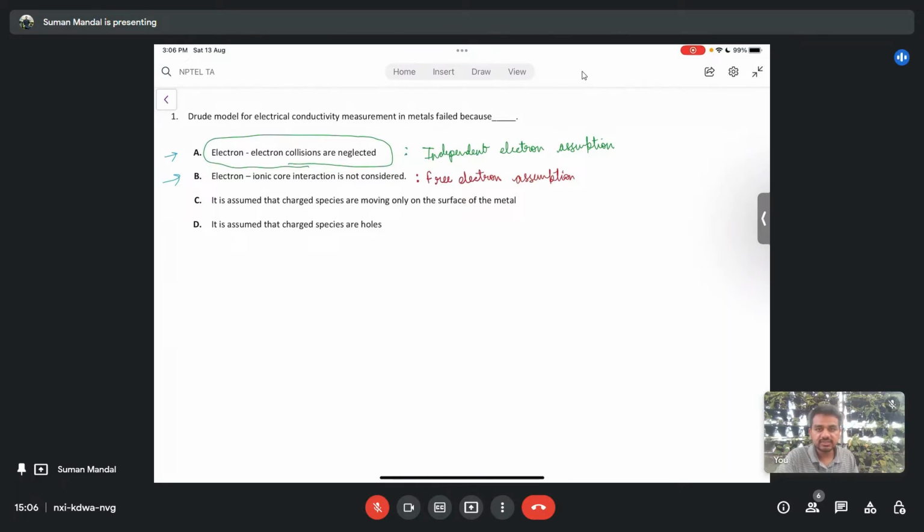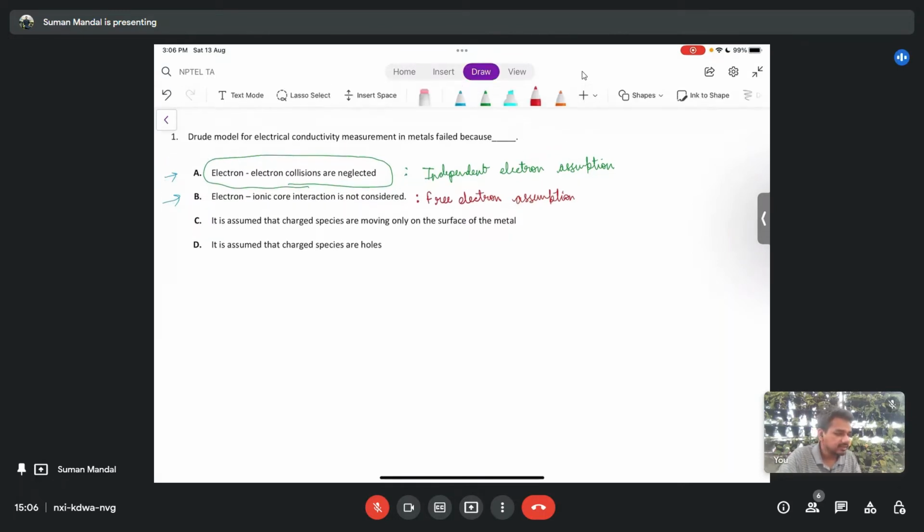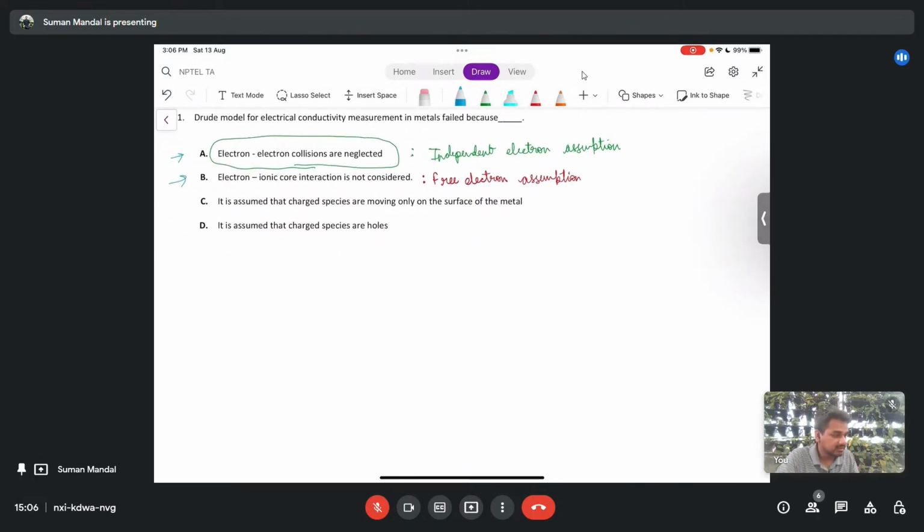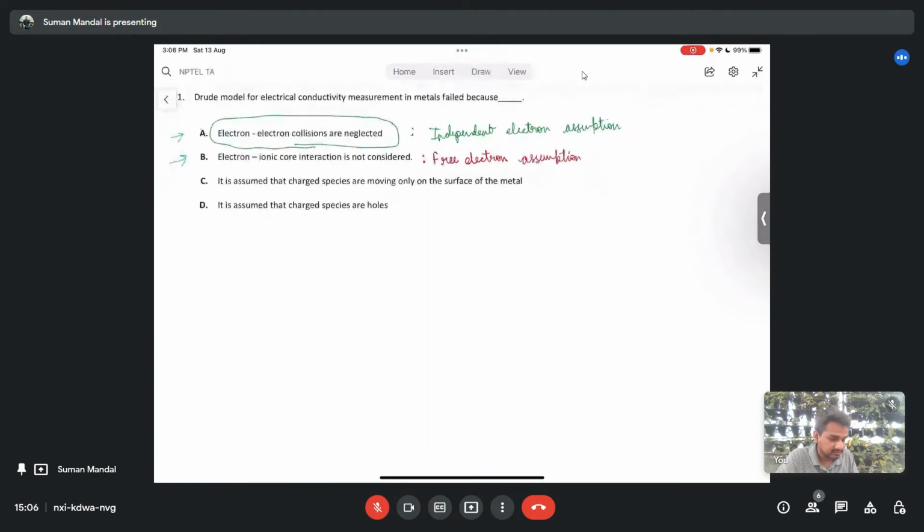Now coming to option number C, you have to understand that in 1897 J.J. Thomson discovered the electron, and just after 3 years, in 1900, Drude gave his theory to explain the thermal conductivity and the electronic properties in case of metals.